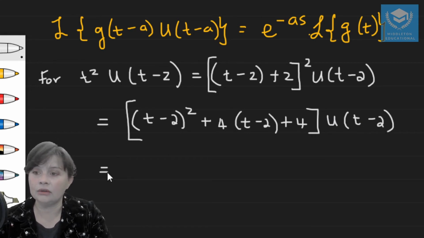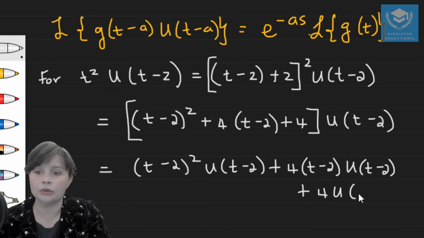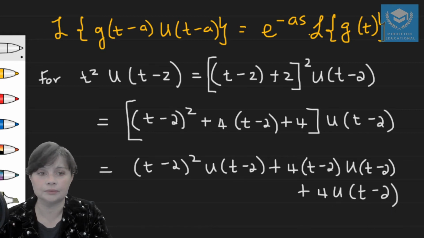And if I now multiply this out, you'll see I'll have everything in the form of the second shifting function, and then plus 4 u of t minus 2.